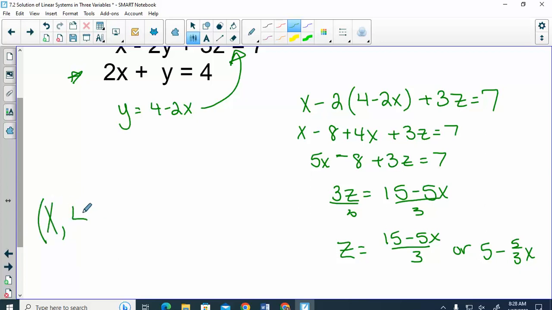X is x, y is 4 minus 2x, and z is this. Questions here?